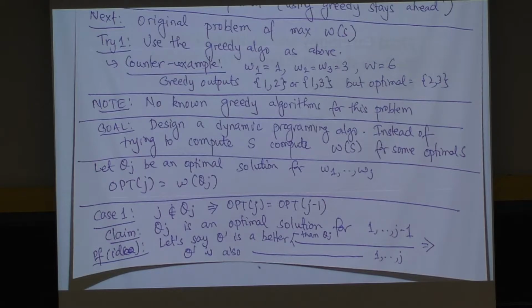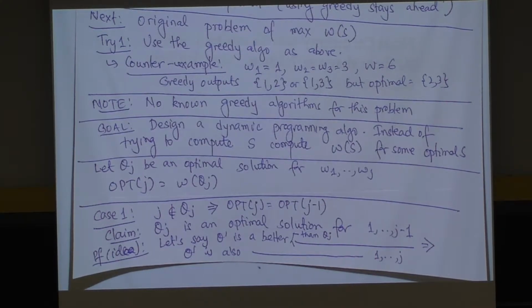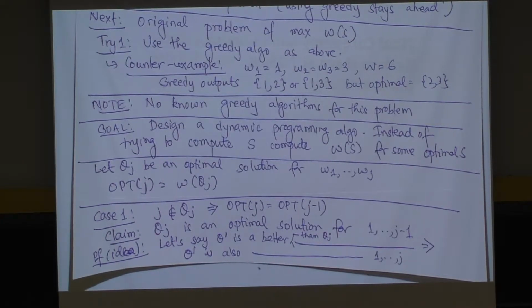The argument is, assume that is not the case. That is, O of J is not an optimal solution for the first J minus 1 and the same budget. Then there has to exist some other solution, say O prime, that is strictly better, has a larger weight, but is still within the same budget.